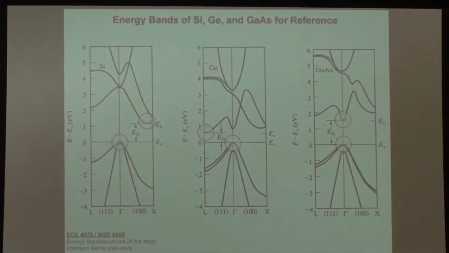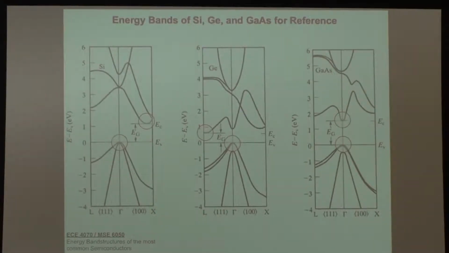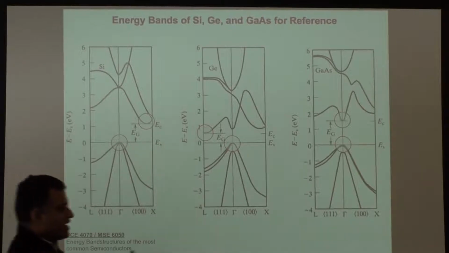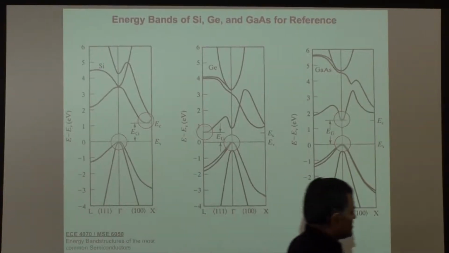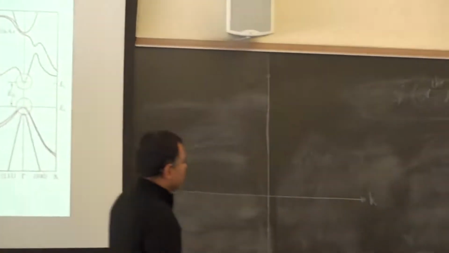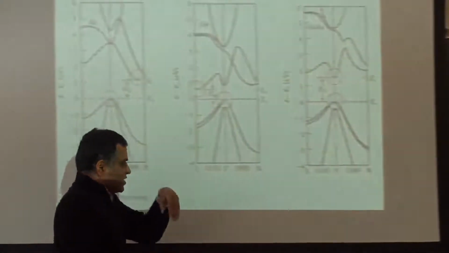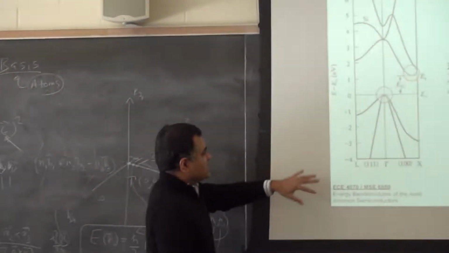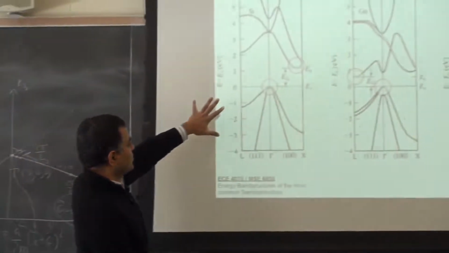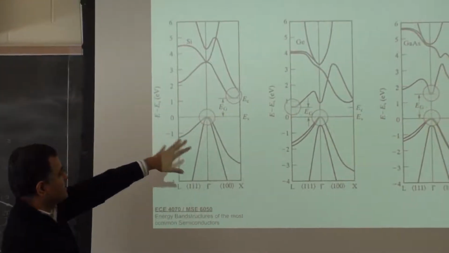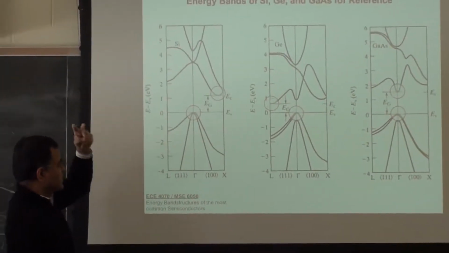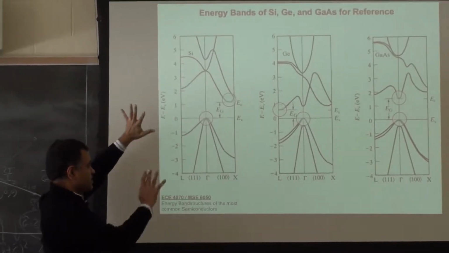Now let's look at a couple of details before we go and answer quite a few of the earlier questions of what is the meaning of this k. What I want to do now is take this as an example of any semiconductor, and then calculate two things from this picture today.